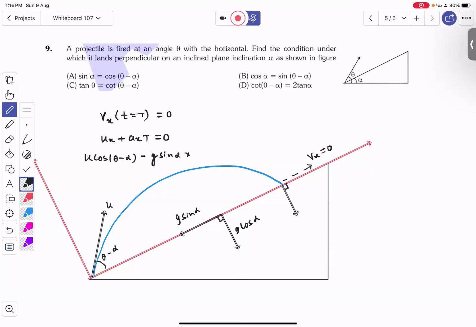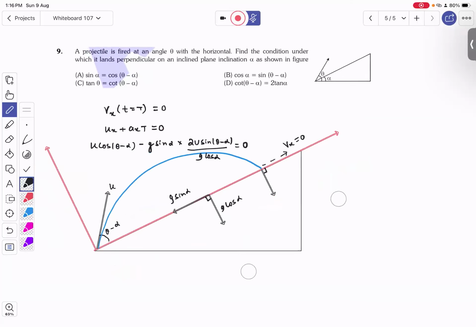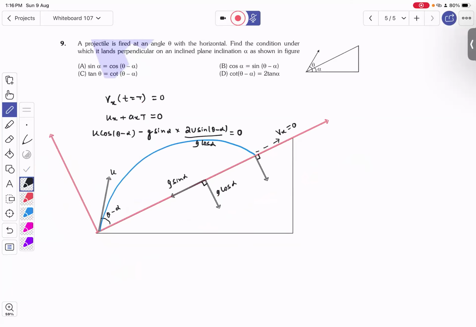And the time of flight we know is 2u sine theta minus alpha by g cos alpha. And that should be equal to 0. After this, you simplify it to get a matching option. That depends on what kind of options there are. I'll just simplify it. You see, g is gone.